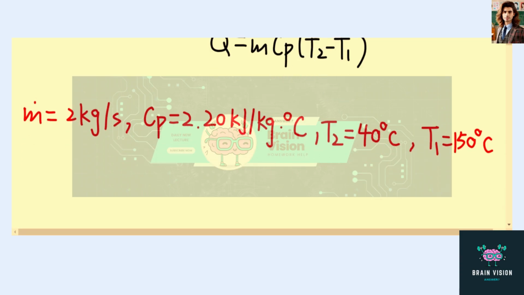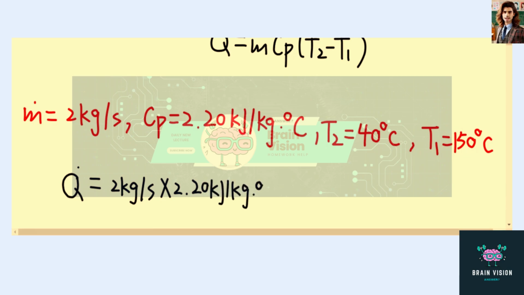So now let's plug back into the equation to determine the rate of heat transfer in the oil, which is equal to 2 kilograms per second multiplied by 2.20 kilojoule per kilogram times degrees Celsius, and then times 40 degrees Celsius minus 150 degrees Celsius.